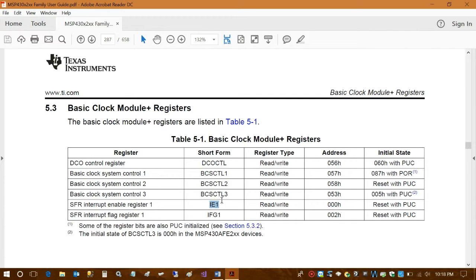As I told you in my last class, there is one interrupt that comes from the clock failure, the OFIFG flag associated with it, which takes the chip to the NMI, the non-maskable interrupt.